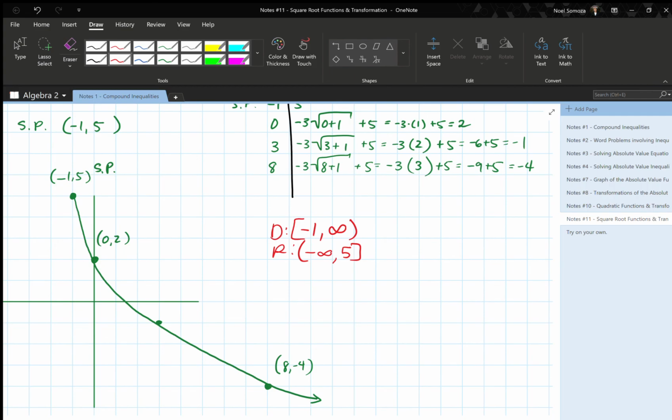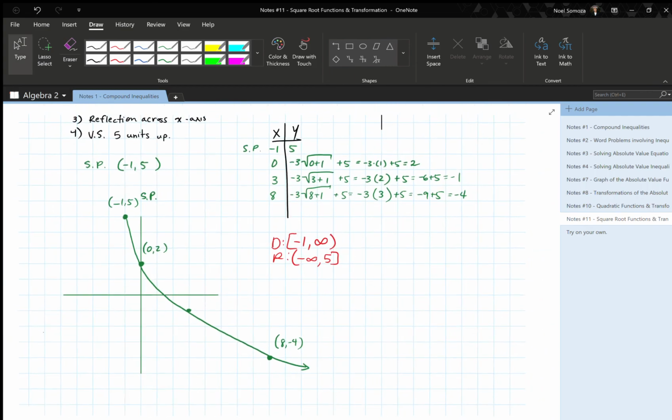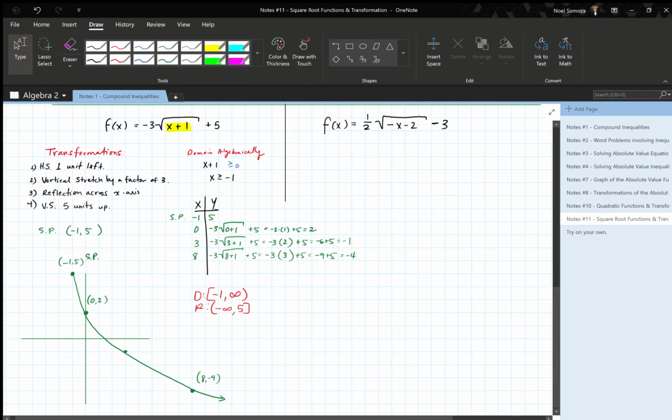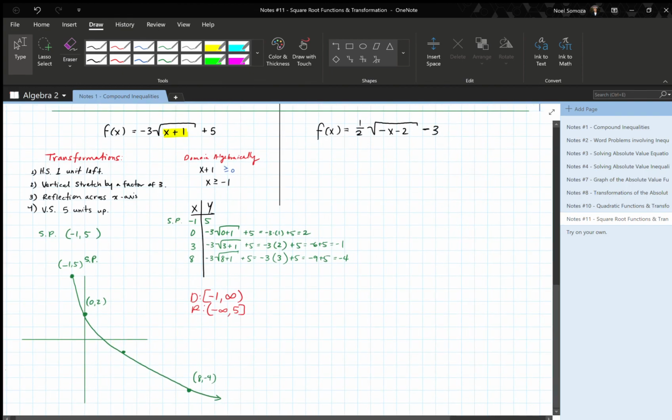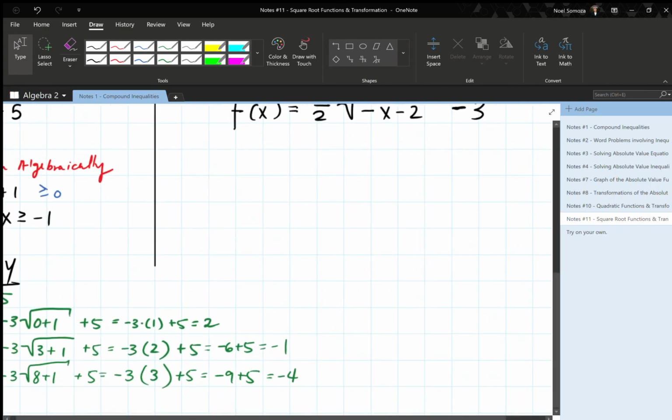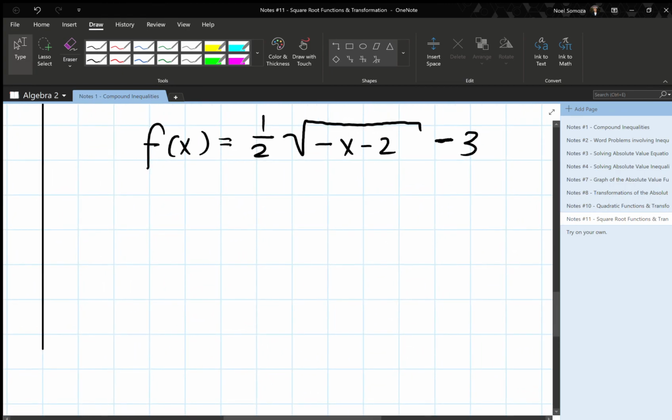All right, so now this next one, I want you to try on your own. Anybody still copying? No? All right. So next one, here's the process that I want you to go through. I want you to write out the transformations first. After you do the transformations, I want you to find the domain algebraically.